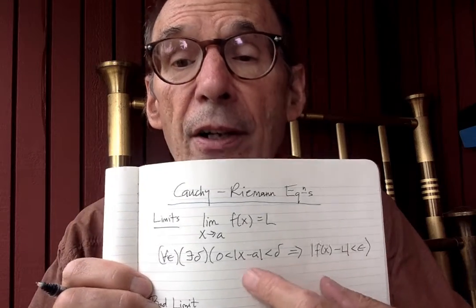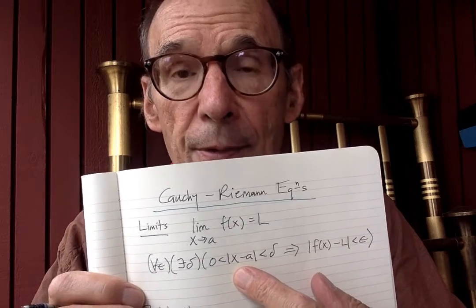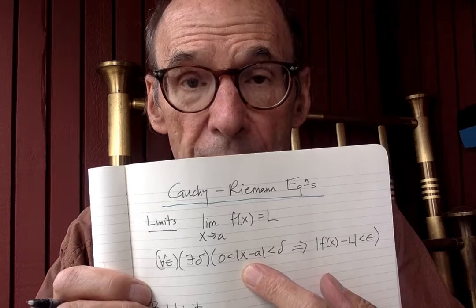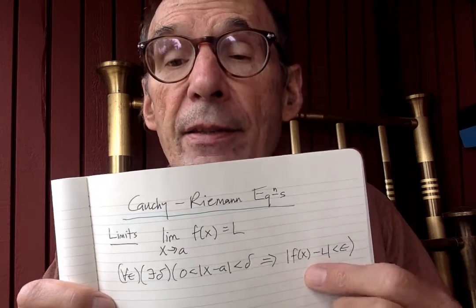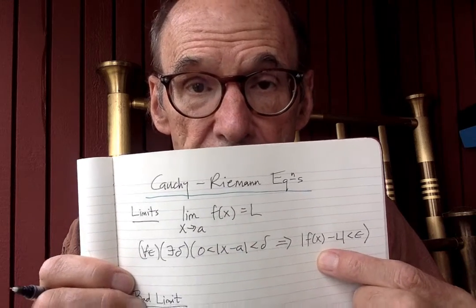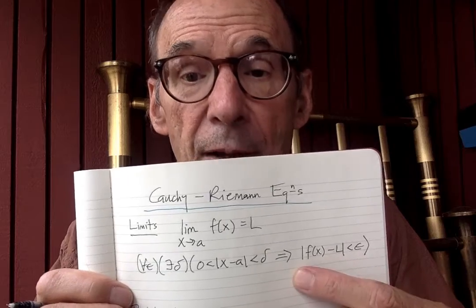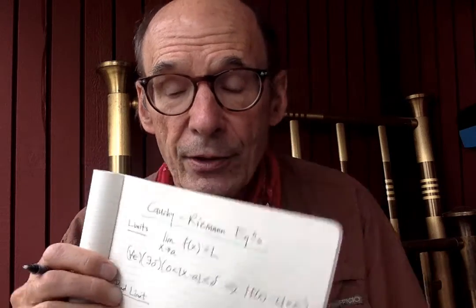The only difference here is that this is the complex absolute value. It's the distance in the complex plane from x to a, and this is the complex absolute value, the distance in the complex plane from f of x to L. And just as a reminder, the complex absolute value comes from the conjugate. I seem to have written it backwards.